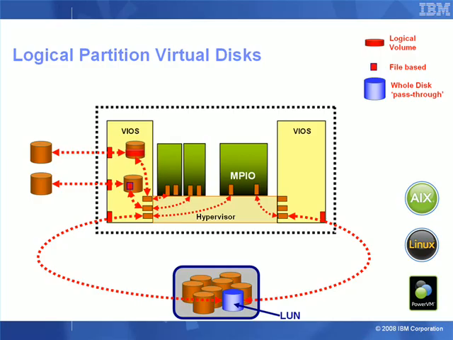We actually have one disk here rather than two, and it's the responsibility of the disk subsystem to provide protection, either mirroring or RAID internally. We're unaware of how it's actually doing it. It looks like a single LUN or a single disk as far as the logical partition is concerned.